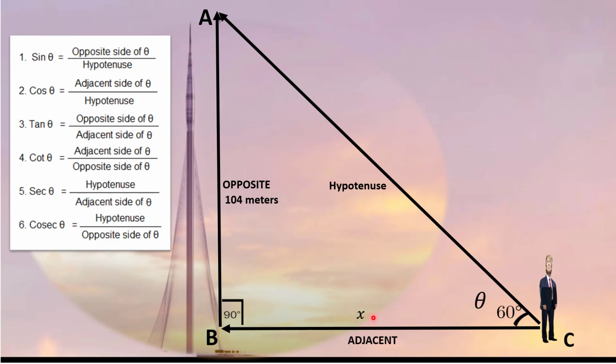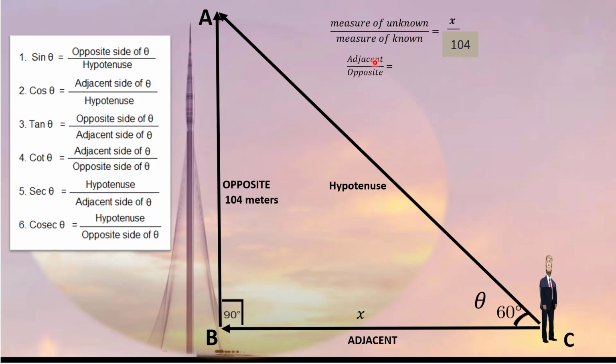We write the ratio of the sides as theta equals unknown over known. Why do we always write the equation as theta equals unknown over the known side? It is because trigonometry shows the relation between the angle of the right triangle and its sides.